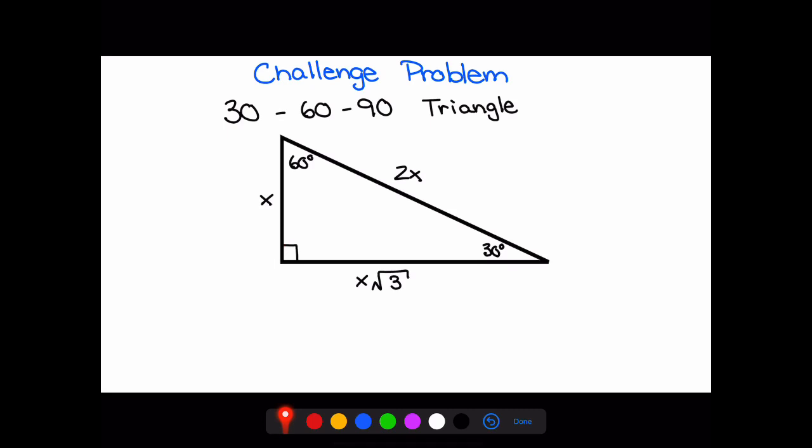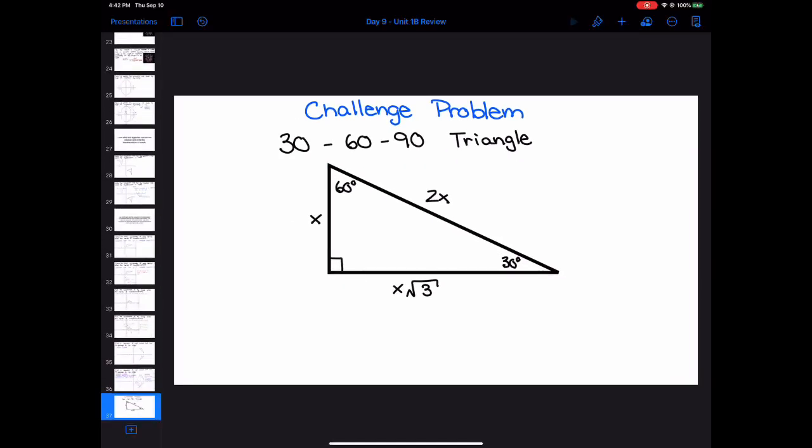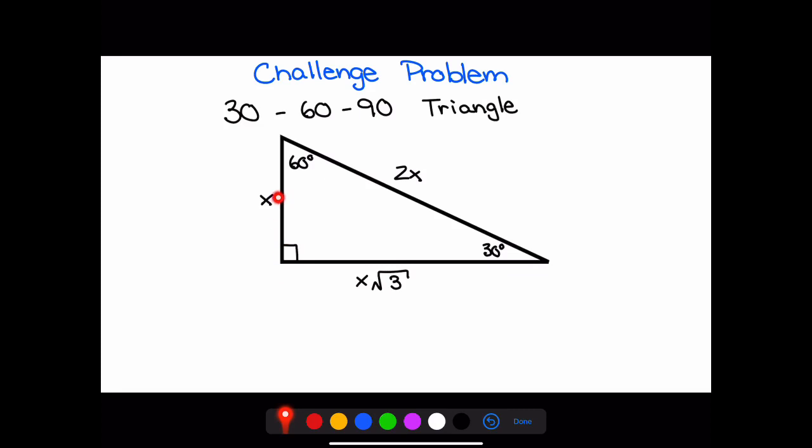Now, this triangle will always be proportional to any other triangles that have the same angles. So no matter how big or small they get, the side opposite 90 degrees, meaning this side over here, will always be double the side length opposite 30 degrees, this side length over here. So this side length will always be double the length of this side length, always, in a 30, 60, 90 triangle.